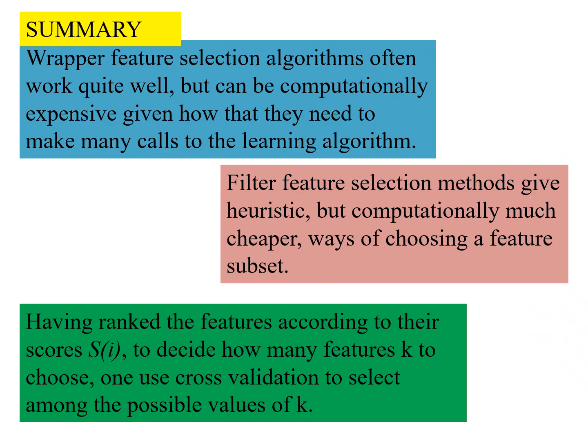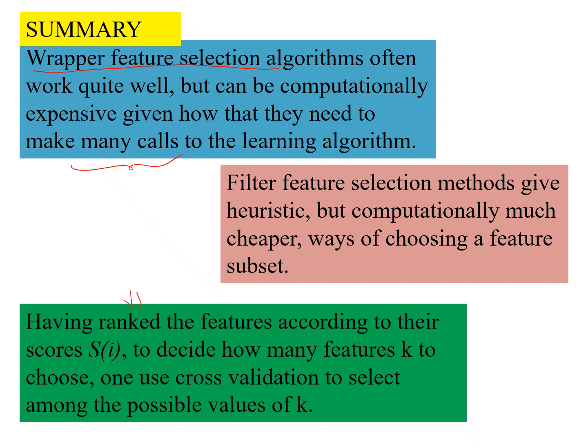To summarize, we have seen that the wrapper feature selection algorithms take the approach of selecting subsets and then evaluating through some machine learning algorithm. But they can be computationally expensive because they have to call the learning algorithm for each feature subset. Filter feature selection methods give us a heuristic approach, but they are computationally cheaper in the way they choose a feature subset.